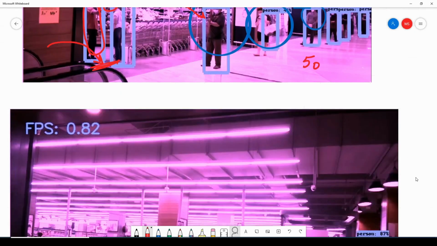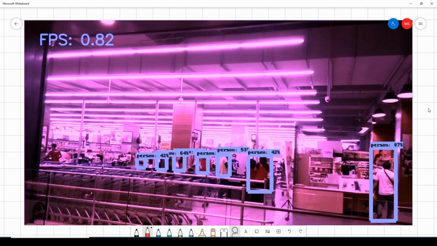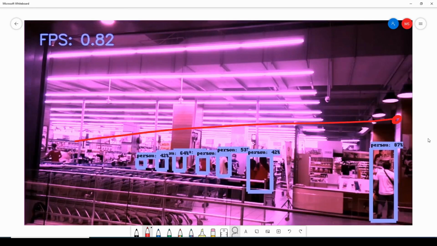The second photo that I'm going to show you is from the cashier part. Right now we have one camera somewhere around here, and this camera covers all these cashiers. One of the important things that I explained to you is that the cashiers use a special t-shirt. They have the same color and a logo of the company, and the system detects them and excludes them from the customers waiting at the cashier counter.